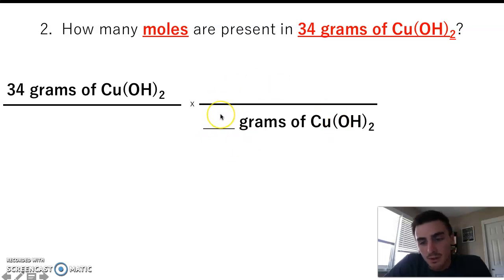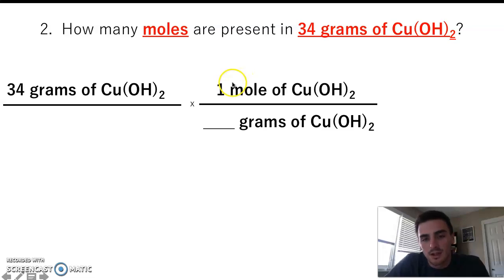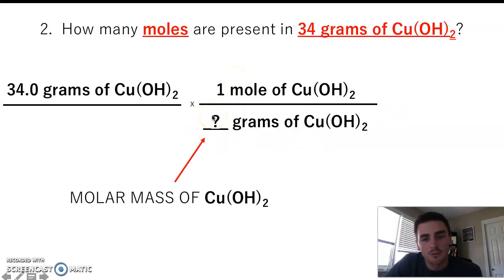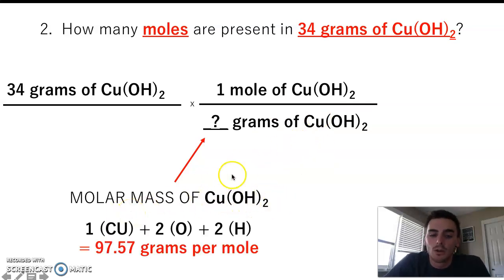Now we don't necessarily know what value goes here, however we do remember that the top and bottom have to be equivalent, and from our last unit we found out that we always know how much 1 mole of any substance weighs. That property is called molar mass, and we can always figure out how many grams are in 1 mole. So in order to find this number for copper 2 hydroxide, that molar mass value, I have to look at my values here, and I realize I have 1 copper.